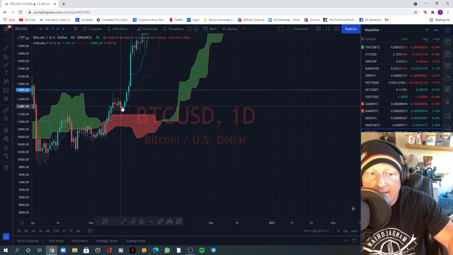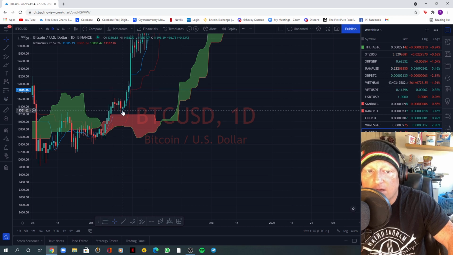Well, how about here? On this green candle, this is what they call a doji, the blue line, the Tankan, is out, but the Kijun's still underneath, so we still can't enter it. We can't enter the trade until the price action, the Tankan, and the Kijun are all above the cloud.